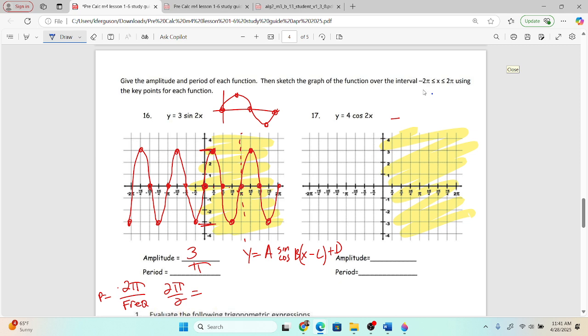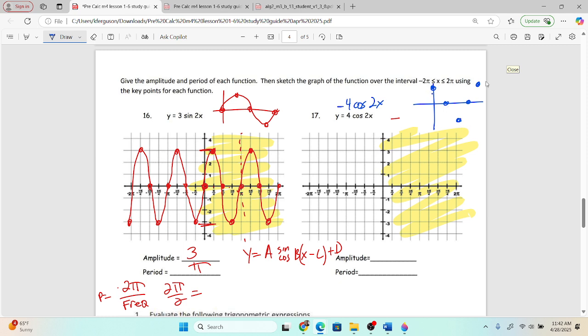First off, it says it's cosine. So cosine tells me that I start high, hit the midline, hit the low point, go back to the midline, and end high. Well, what if this was -4? What would I do then?